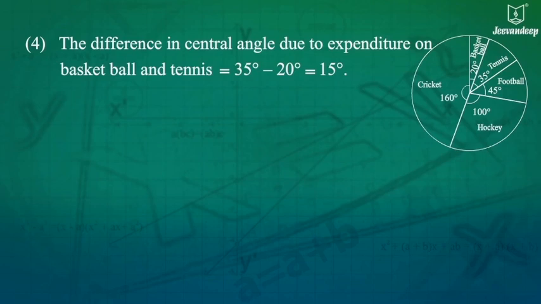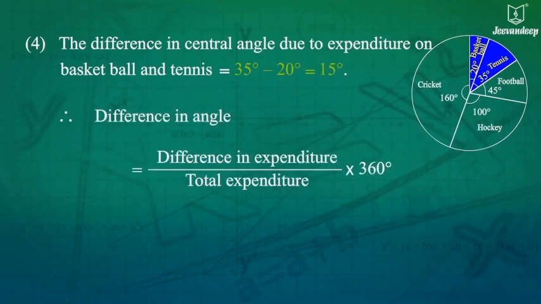4. The difference in central angle due to expenditure on basketball and tennis according to the values given in the figure is 35 degrees minus 20 degrees equals 15 degrees. Therefore, difference in angle equals difference in expenditure upon total expenditure multiplied by 360 degrees.